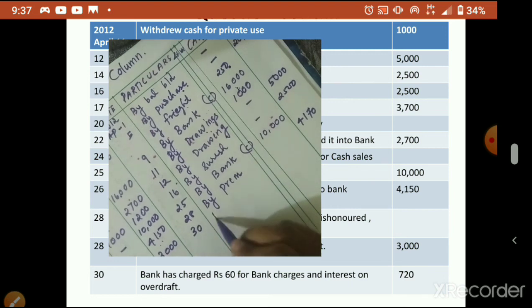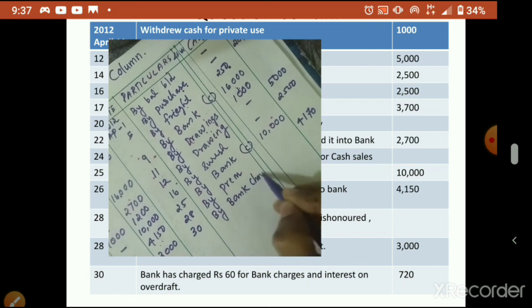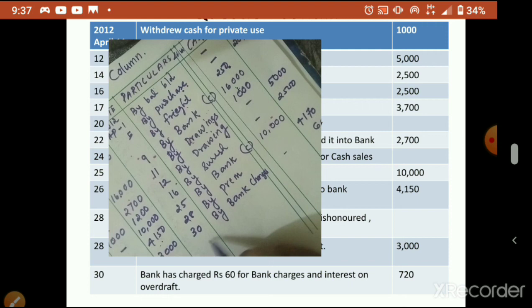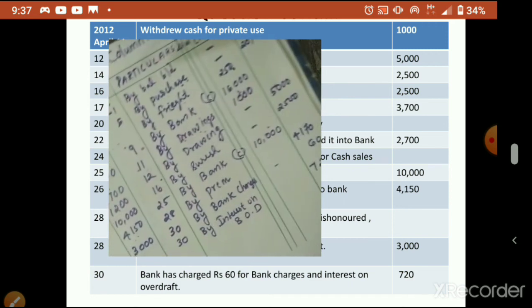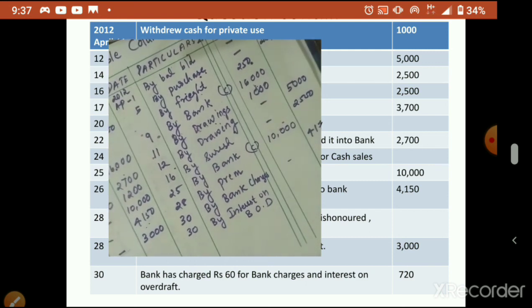So on 30th, we write by bank charges, because our balance will decrease, 60. Then again on 30th, by interest on bank overdraft, how much? 720. Okay. So this way we have now entered all the items in the cash book.